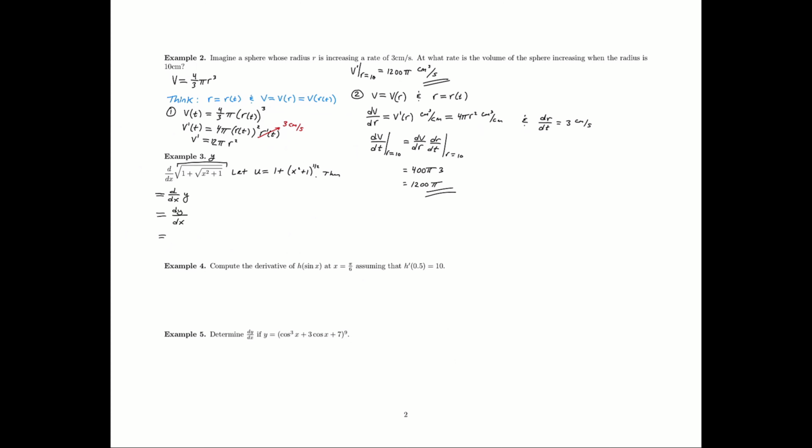And then dy dx would be dy du times du dx. So what's dy du? Y is just u to the 1/2. So dy du is 1/2 u to the negative 1/2.